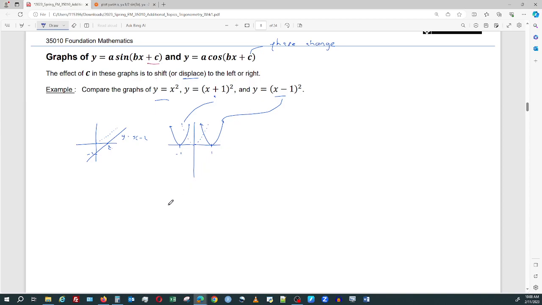So we can have our displacements also for our waveforms. So what does that look like? It's not always obvious what that might be.